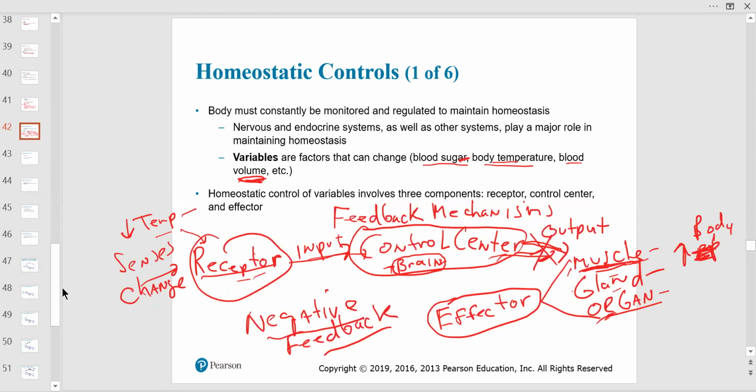It's not working, right? The feedback mechanism is trying, but it's not working, probably because we have so many mechanisms in our body naturally that increase your blood pressure. So blood pressure is a good example of negative feedback as well, and most of them are negative feedback.